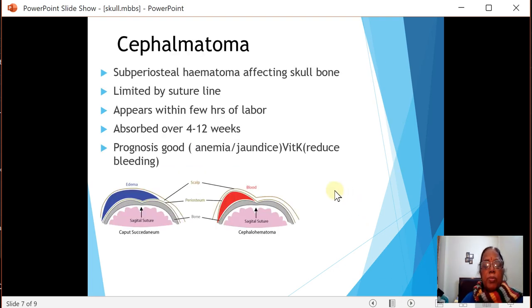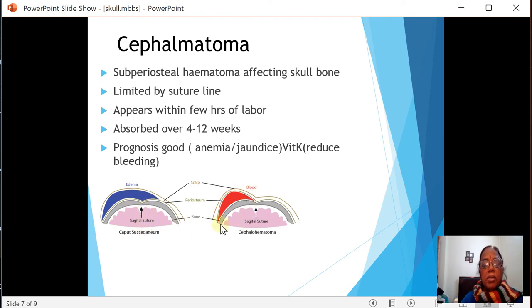Cephalhematoma. Now there is a difference between a caput succedaneum and a cephalhematoma. You can see that cephalhematoma is a collection of blood, a subperiosteal collection of blood affecting the skull bone, and this is limited by the sutures, whereas the caput is not limited by the sutures.